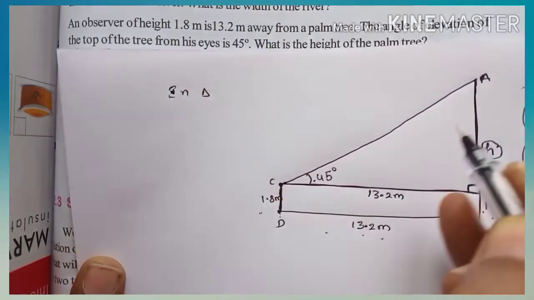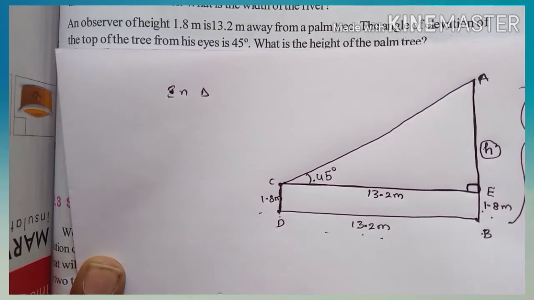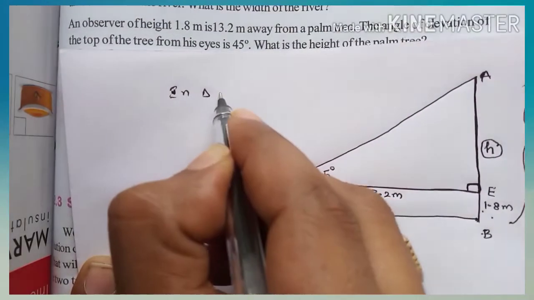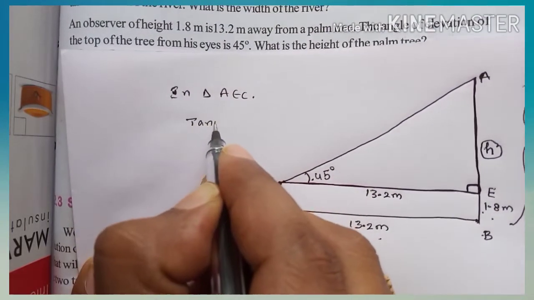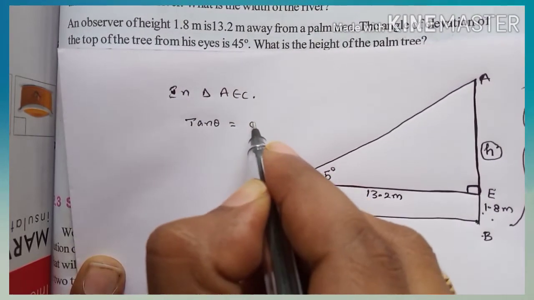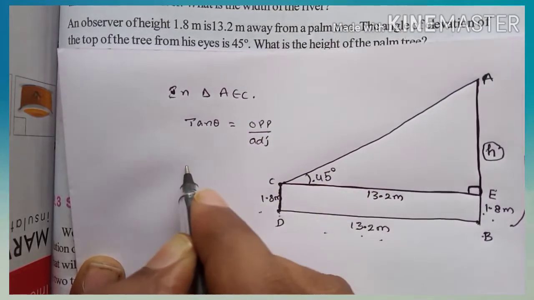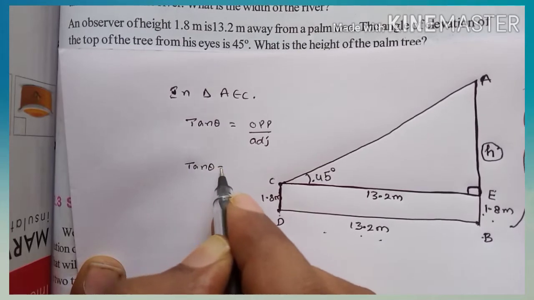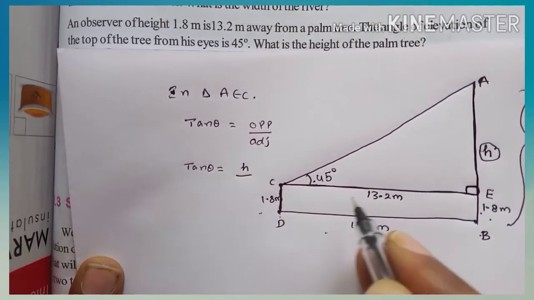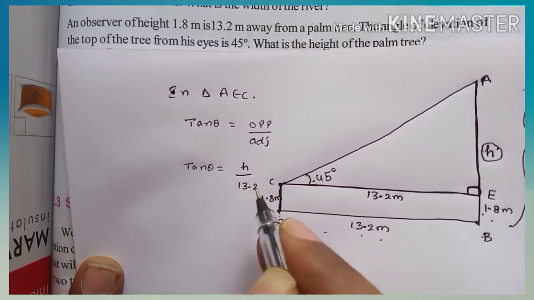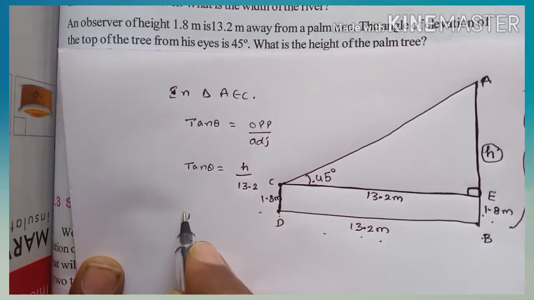What is the triangle name? In triangle AEC we can apply tan theta is equal to opposite side by adjacent side. So tan theta is equal to the opposite value H by the adjacent value 13.2. What is the tan theta value given? 45.